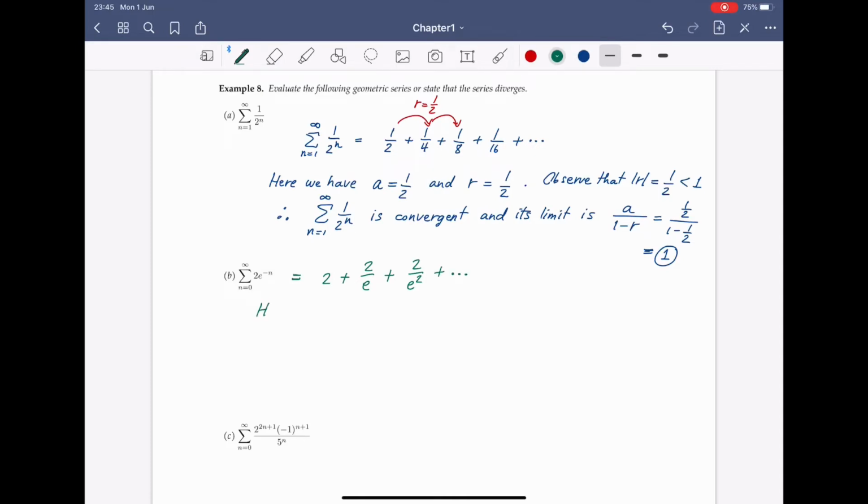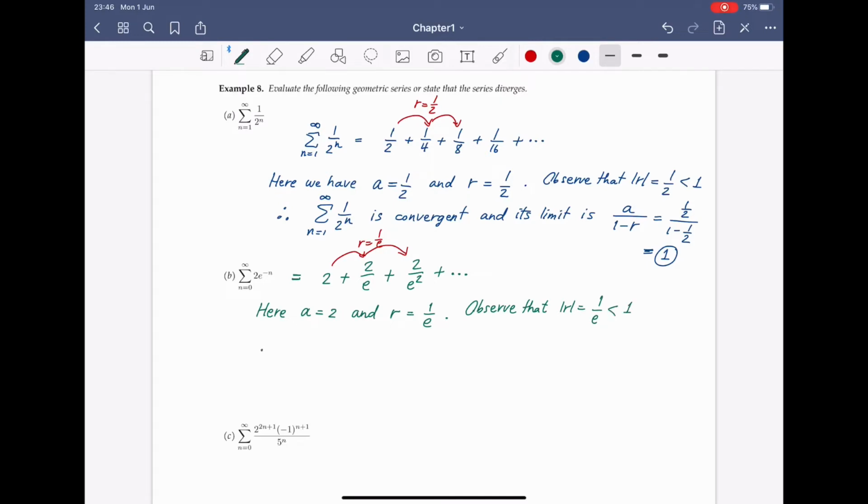Well, this is a geometric sequence where a equal to 2 and your common ratio r is going to be 1 over e, right? Because for each term you need to multiply by 1 over e to get the next term. From here you observe that your absolute value of r is 1 over e, which is also less than 1.